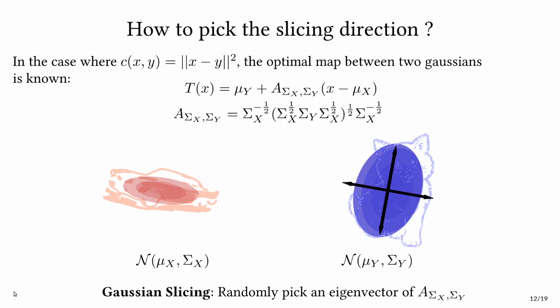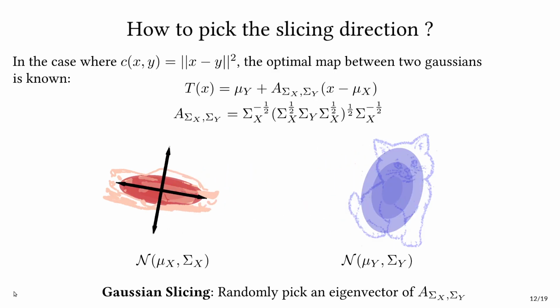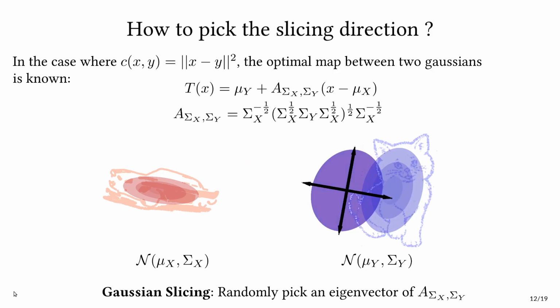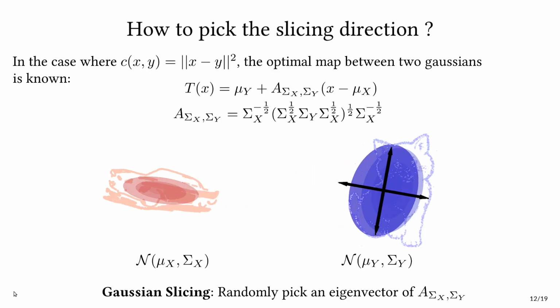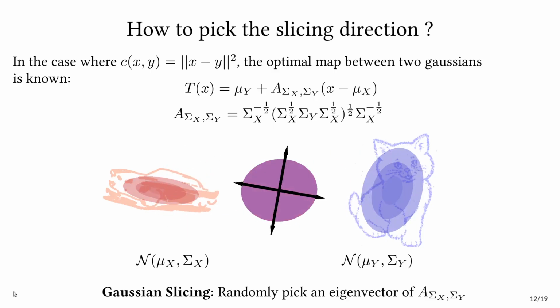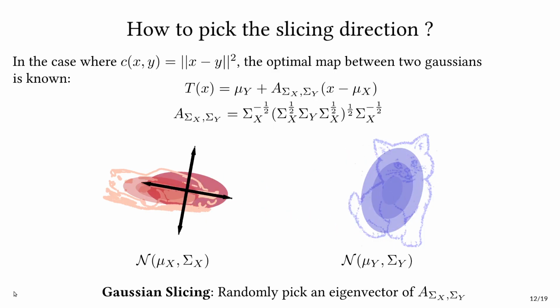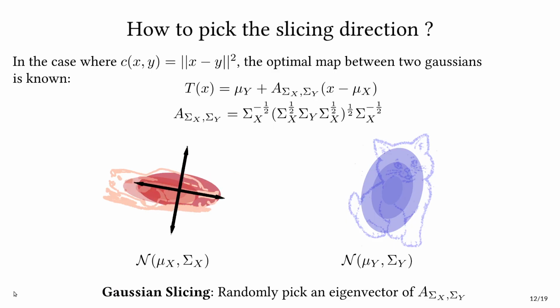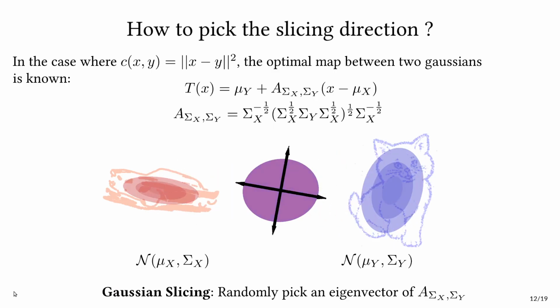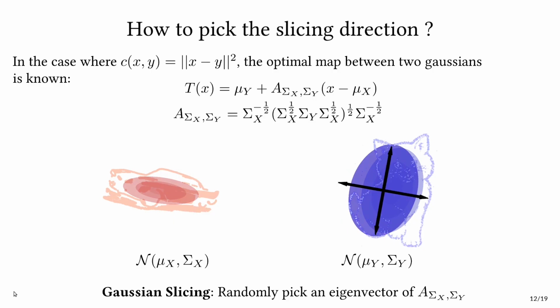And so at each step of the recursion, we just have to approximate our 2 point clouds with Gaussians. We compute this transport matrix, and we pick at random any of its eigenvectors. And we show that it drastically improves the quality of the final BSP matchings, much more than random slicing or using orthogonal slicing. So really, Gaussian slicing is very impactful in terms of quality.